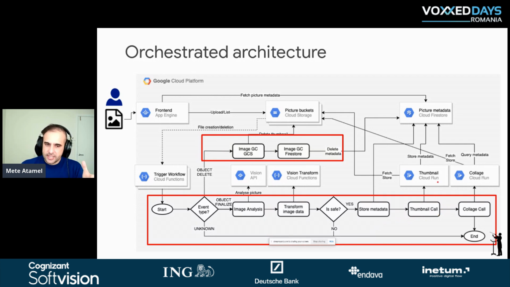And the reason for this is that if something is easy to do, like deleting a file or deleting an entry to the database, we do it in workflow because it's simple. But if it's like creating a thumbnail or creating a collage where there's a lot of steps involved, we rather do that in code. So we deploy services to do that, but then we kind of delegate from workflow by calling those services.